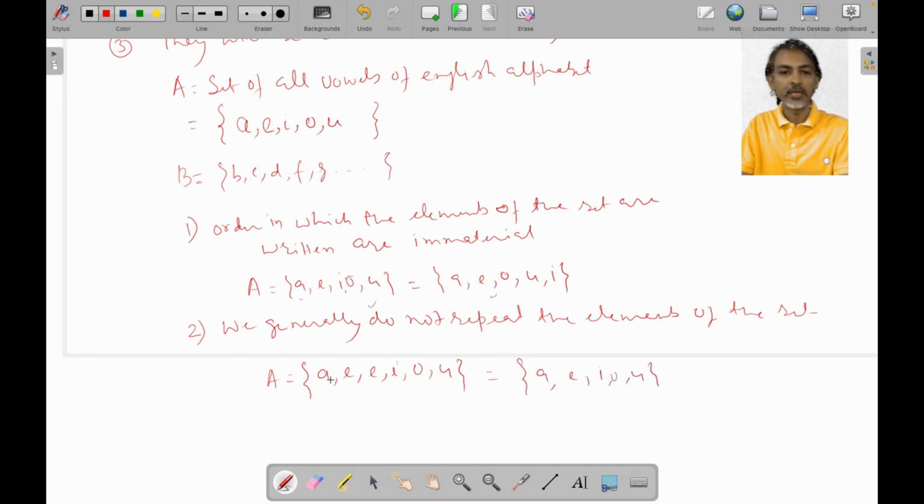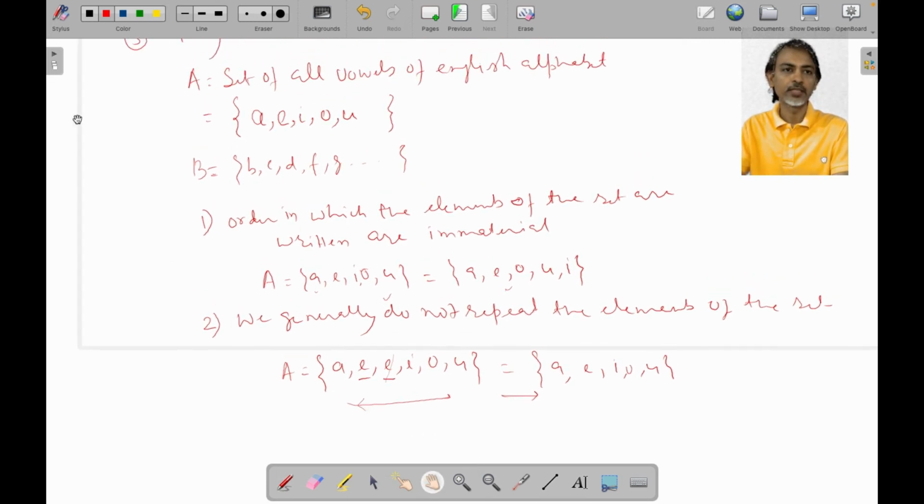Because E is repeated twice, and you should not be repeating it, but if you have repeated, it just means that I can very well omit it and write it like this. So there will be questions where something is repeated and you have to write it in a better form. You could write it like this, but the better way to write it is like this, right? So these are two other points to be noted.